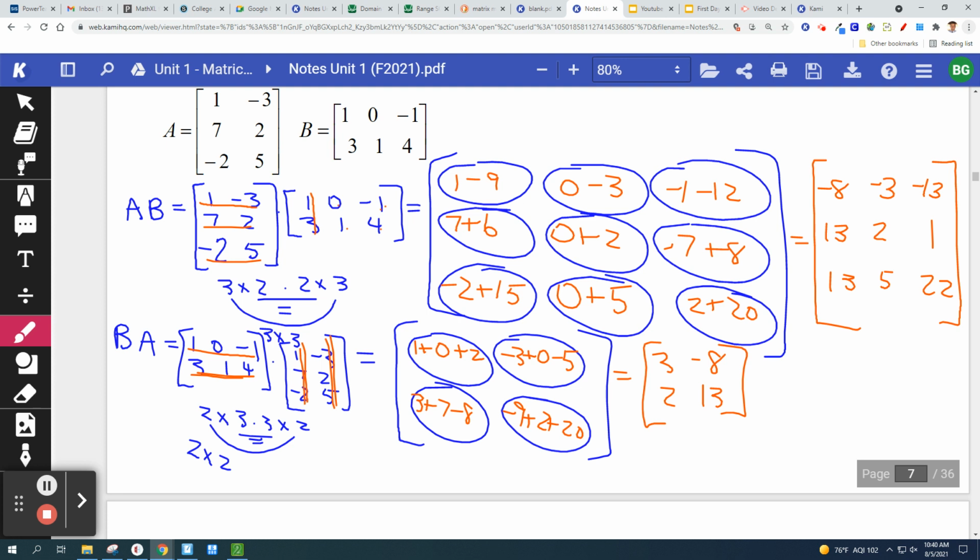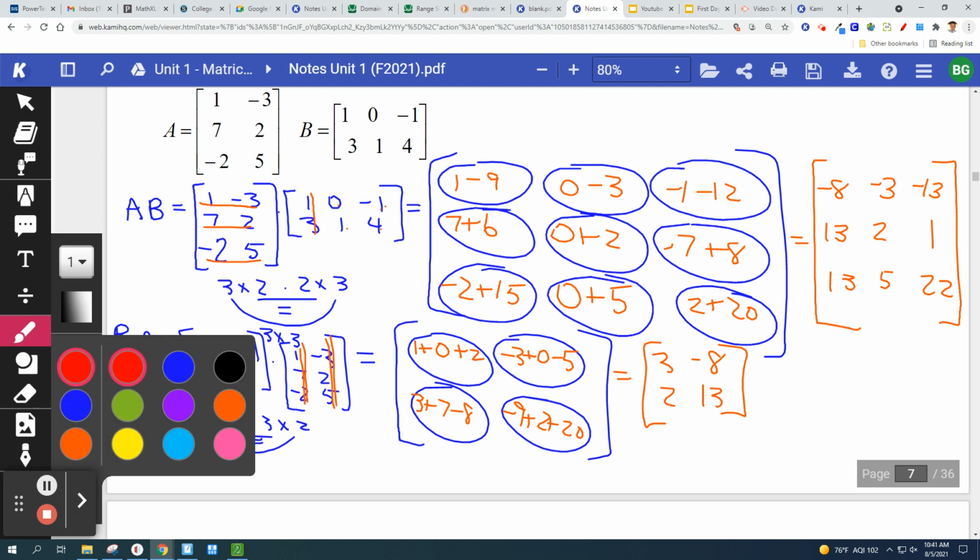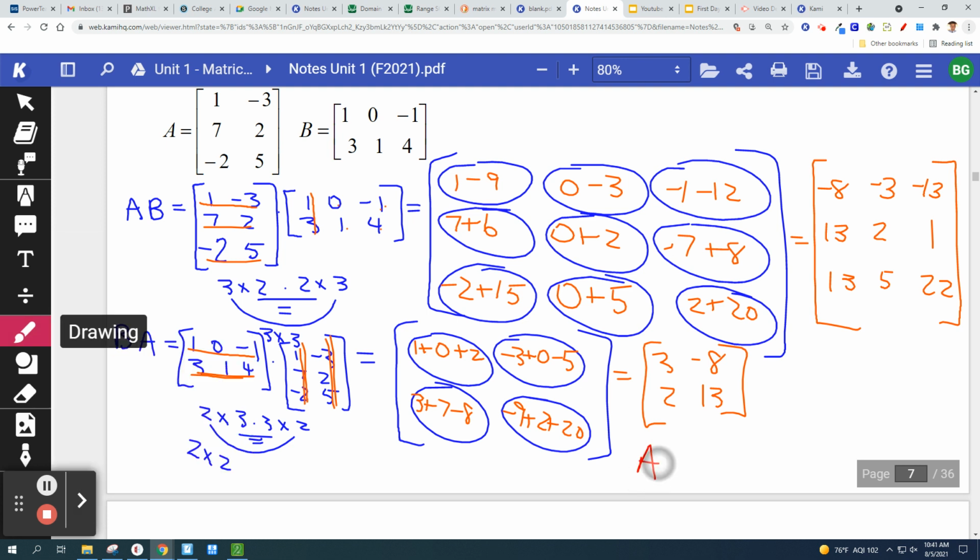What do we notice? Well, we notice A times B does not equal B times A. And that's counterintuitive, because you guys have done math a long time, and it's always been like 3 times 4 is the exact same thing as 4 times 3, right? You multiply it backwards and you always get the same thing.